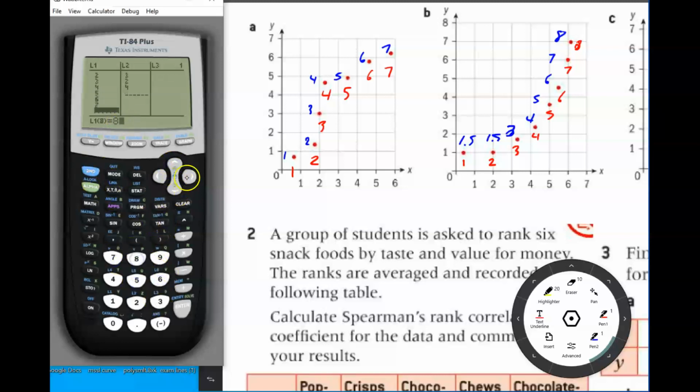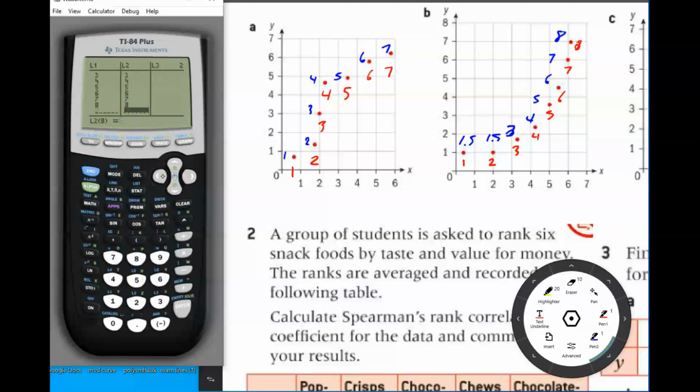And then in the second column, I am going to put 1.5 in the first one, 1.5 in the second one, and then I'm going to start going 3, 4, 5, 6, 7, 8, and then we'll see what we'll get, okay?